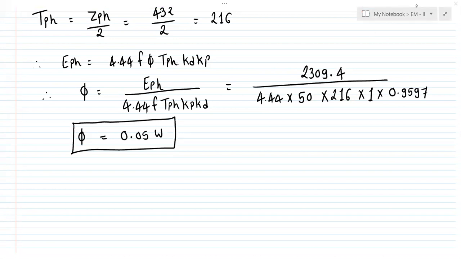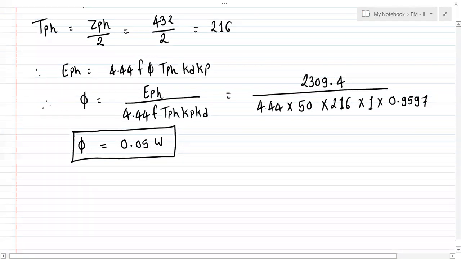Okay. So this is the example from which we can find the value of pole and phi.